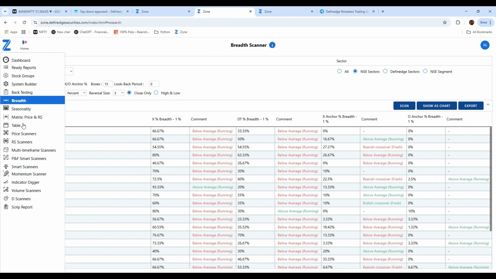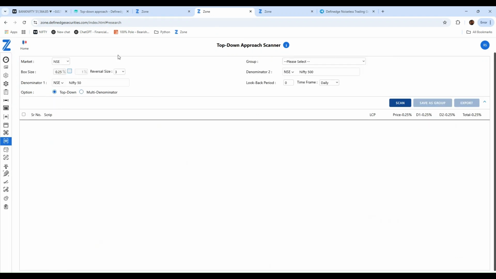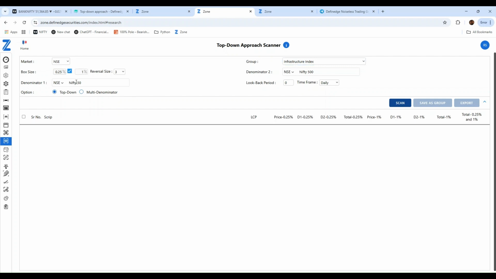This is where I'm going to do the top down. Infrastructure, I'm going to do NSE infra, 0.25 and 1%. Denominator will be Nifty 50 and Nifty 500 because I don't have, actually I think I can try.